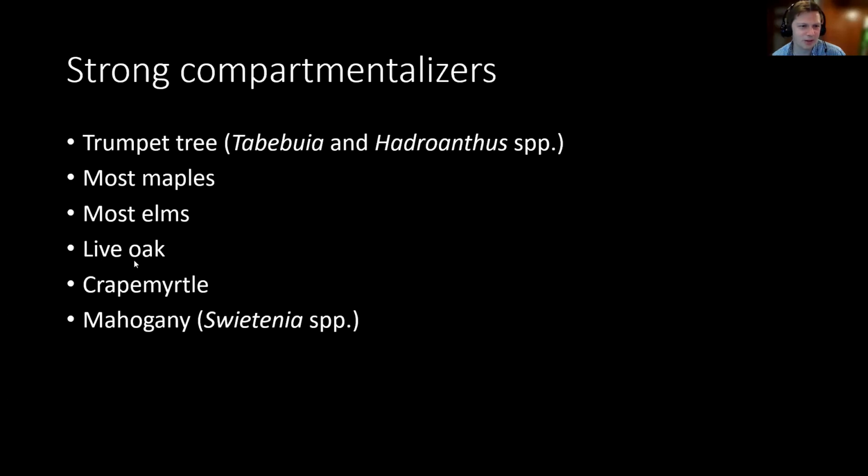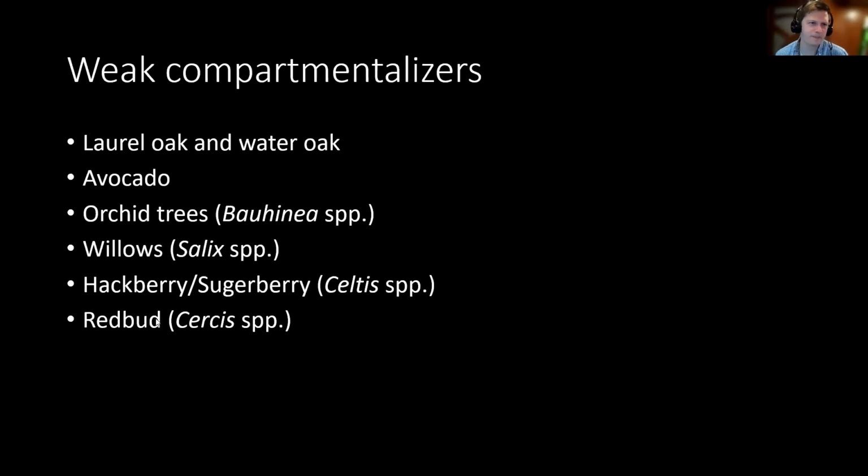Live oak is a very, very good compartmentalizer, very full of various tannic compounds. Crepe myrtle is another one, and mahogany down in South Florida. Some weak compartmentalizers: laurel oak and water oak, avocado, various orchid trees, most willows.